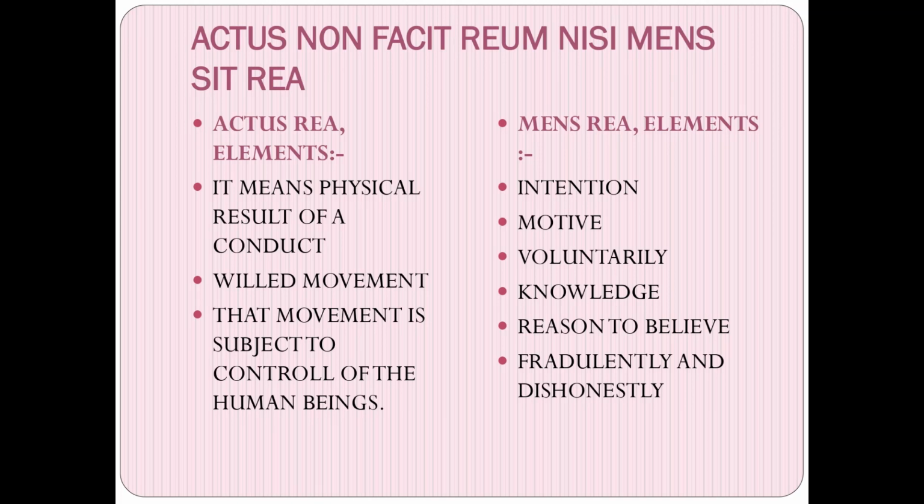And then comes another term which we get afterwards in the IPC, that is voluntarily. Under section 39, it is stated what is voluntarily. Voluntarily means when a person does any act which is under his mind's control. And then another thing, that is reason to believe.